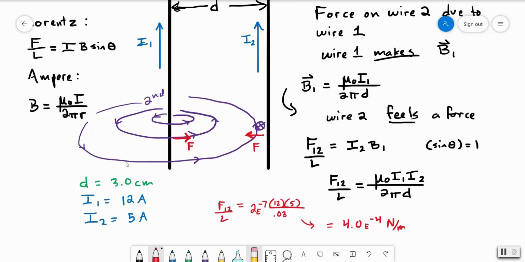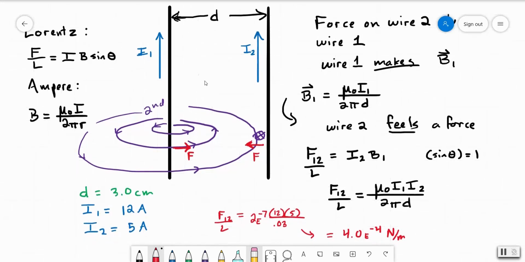Now, as a summary here, if I were to ask you, hey, what is the direction? If you're one of those people that's really good at memorizing things, I'm not, you can remember that this is a little bit opposite of what you have with positive and negative charges. Same currents will cause an attractive force.